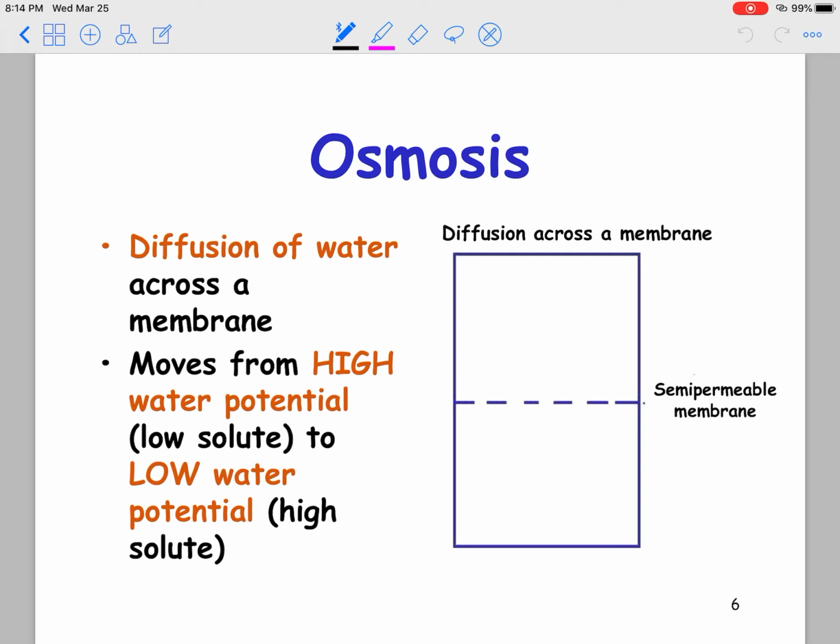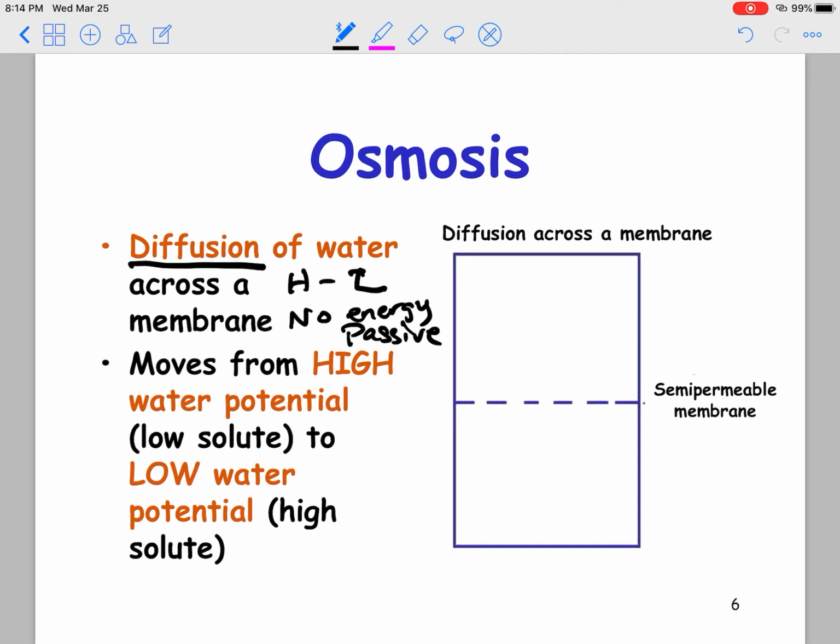All right, osmosis is just a special type of diffusion. So it's still diffusion. So it still means that things are moving from high to low. It does not require energy. And it is passive also, which also means it doesn't require energy.